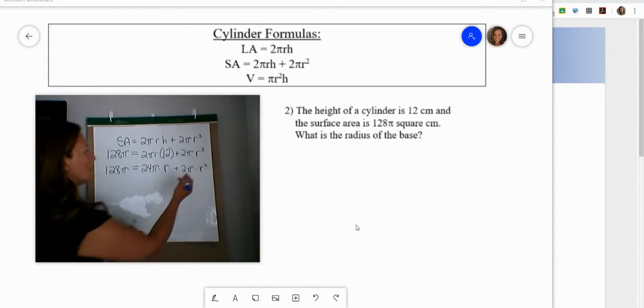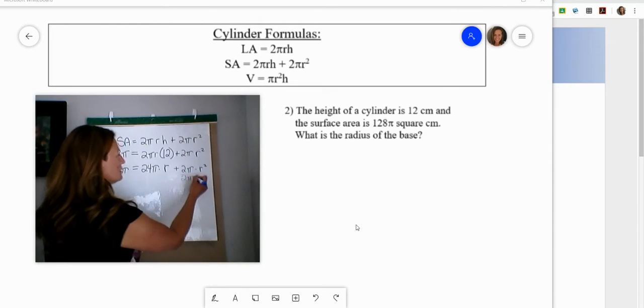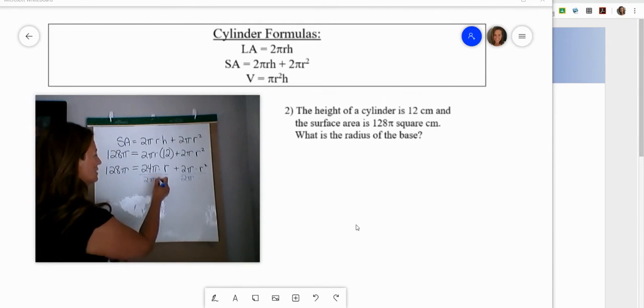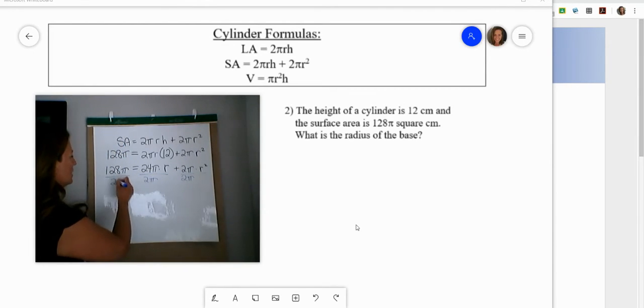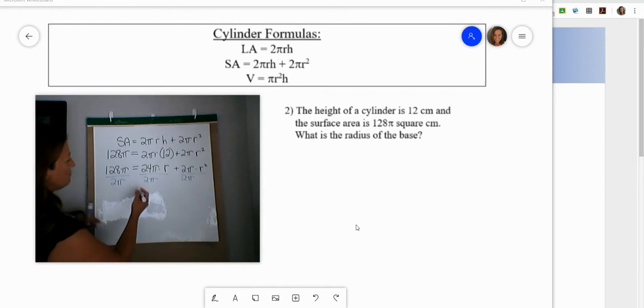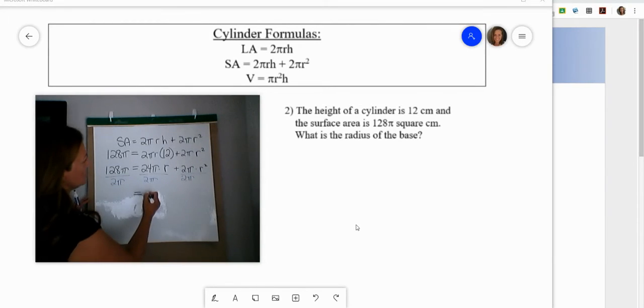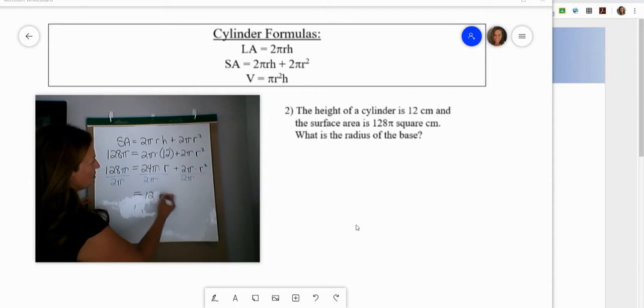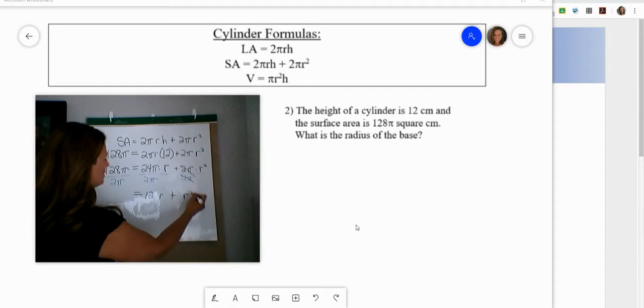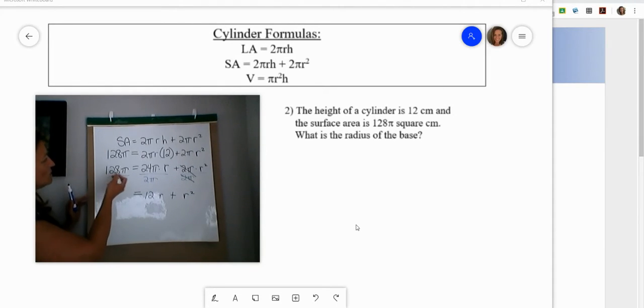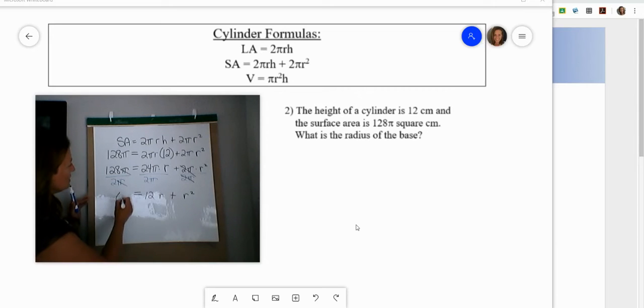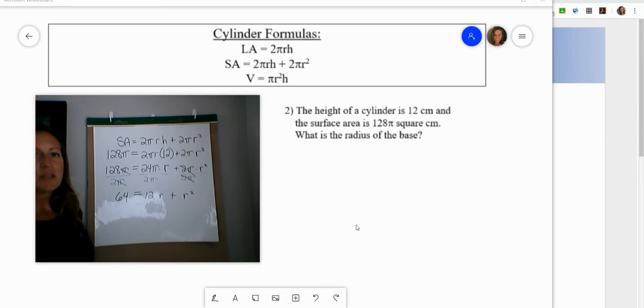So I'm going to divide by 2 pi, divide by 2 pi, divide by 2 pi, and what I'm going to have is 12R plus, this cancels out completely, R squared equals, and then what's 128 pi? The pi's cancel out. What's 128 divided by 2? 64. Well, this is a lot simpler of an equation, but it is still a quadratic equation.